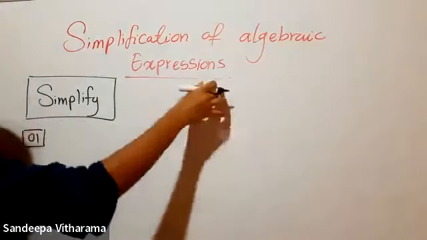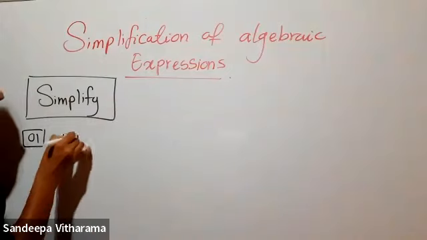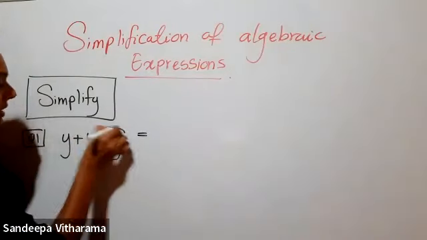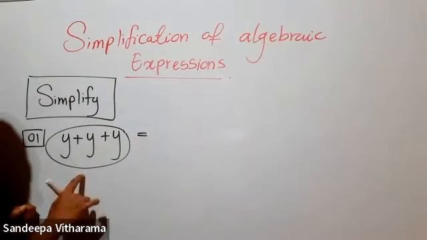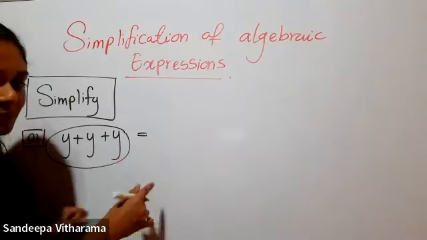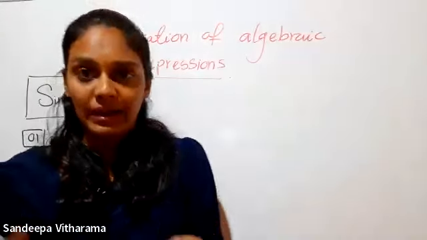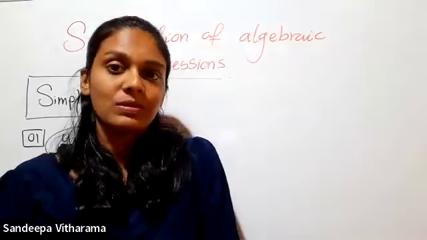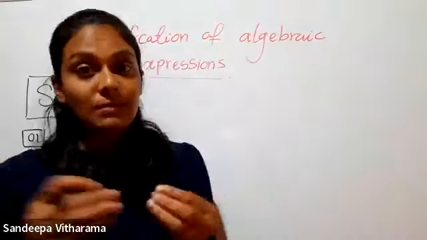Instead of that, we can express it as 3y. Look at y plus y plus y. Here they are like terms. Y, y, y. Like terms can be simplified. That means it is just like adding three twos. When you add three twos, it is 6, because we can simplify.